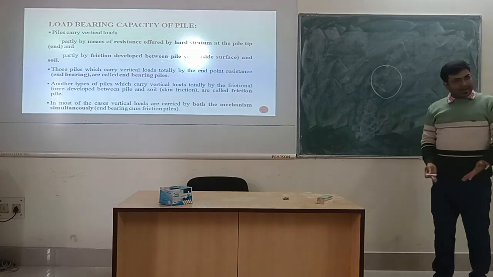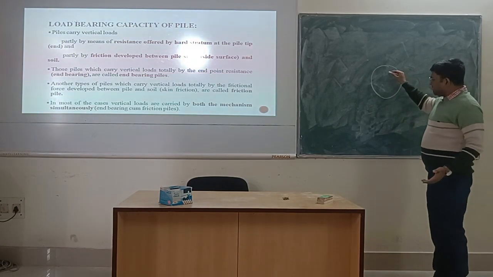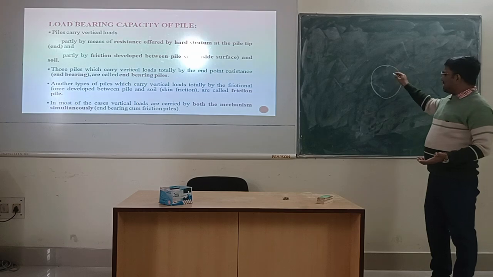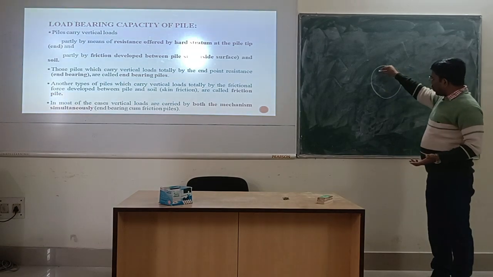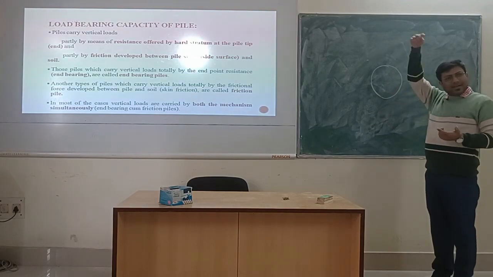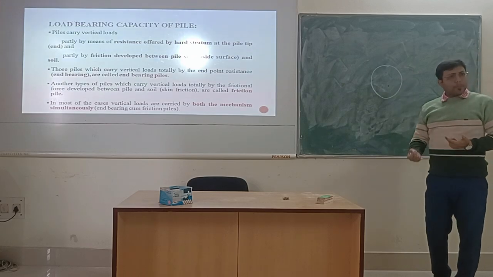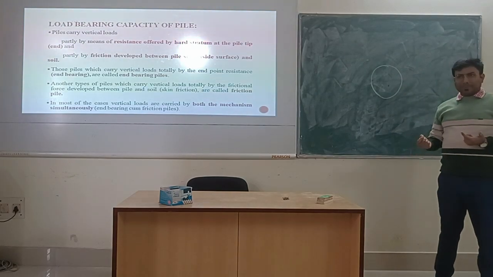These are top views, and maybe the bottom view also. In practical cases, this bottom diameter of the pile will be less than the top diameter of the pile. That's why the bottom point is called the tip of the pile.